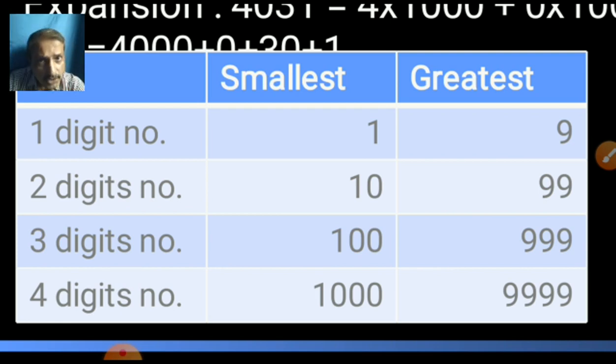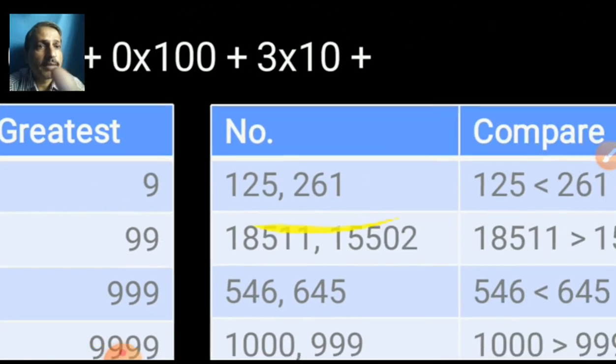It's the smallest 3 digit number. And 999 will give you the greatest number. 4 digit number is 1000 and 9999. 5 digit means 10000 and 99999.